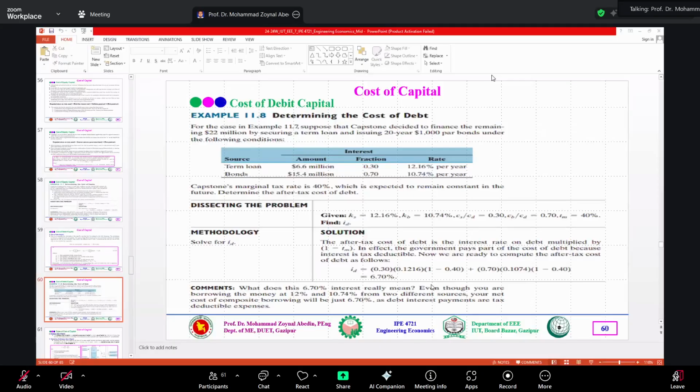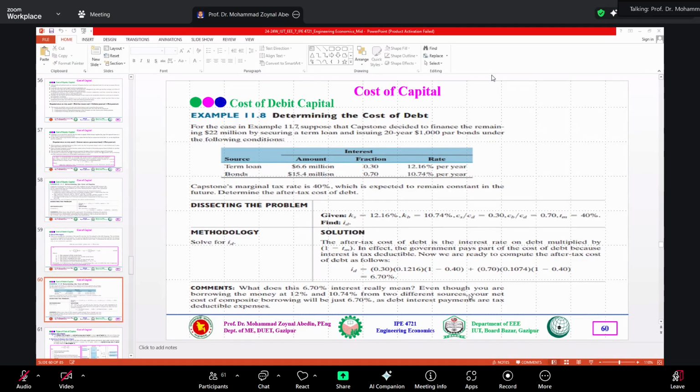Now, if you put all the values in the equation, ID is equal to CS by CD into KS into 1 minus TM, plus CB by CD into KB into 1 minus TM. So then it is 6.70%. What does this 6.70% interest really mean?